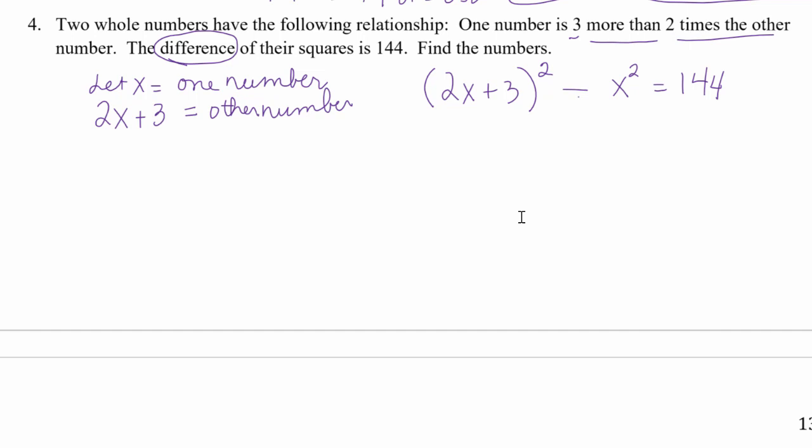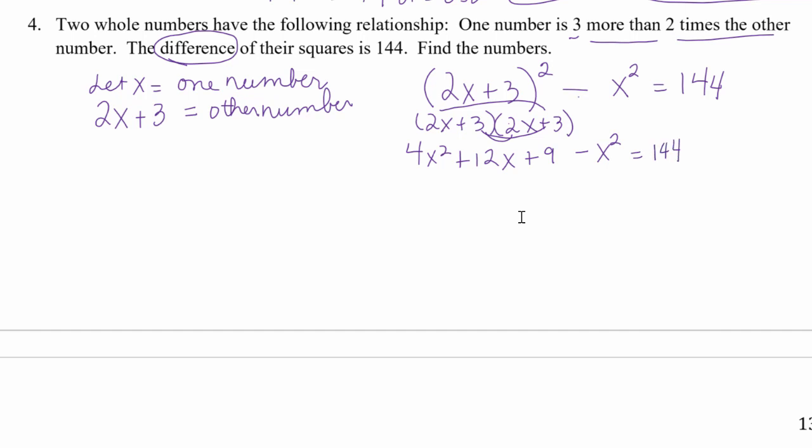So that's how we set this up. And now we're going to have to expand. So this one, you have to write 2 of those and use your foiling, your first, outer, inner, and last. So what do we get here? 4x squared. And then the outer is 6x and the inner is 6x, so plus 12x. And then the last is plus 9 minus x squared equals 144.